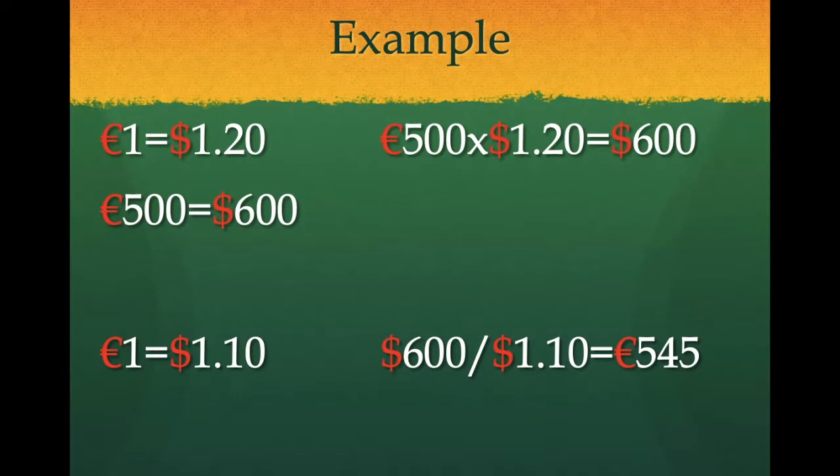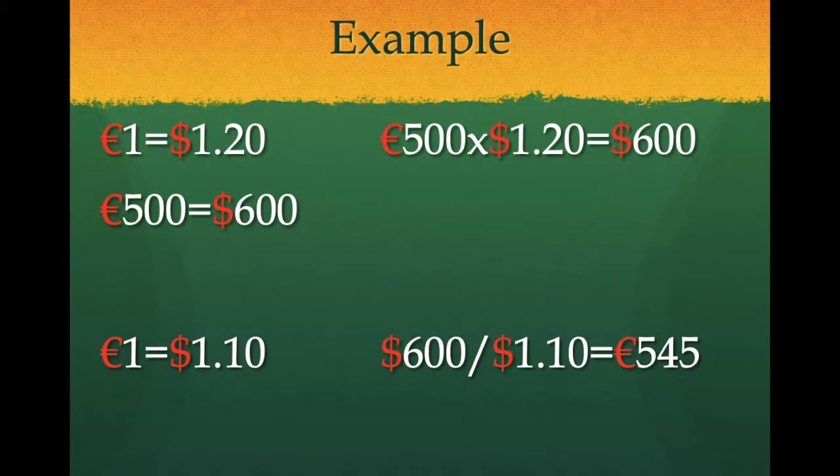And now 1 euro equals $1.10. So for every $1.10 you have, you get 1 euro. Now you have $600. And if you exchange it back into euros with the new exchange rate, you're gonna get back 545 euros. And you'll profit 45 euros.